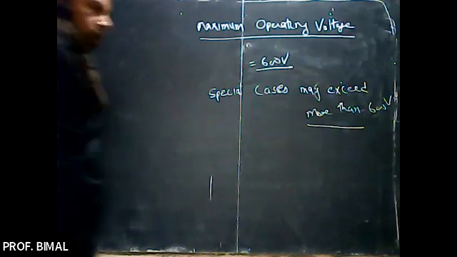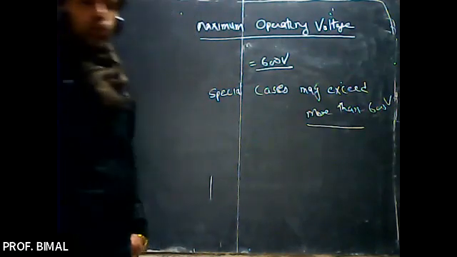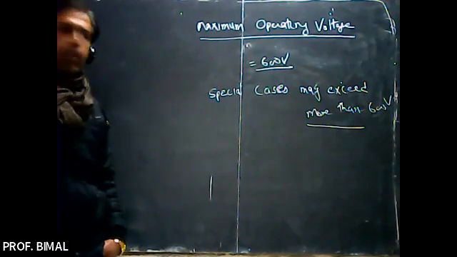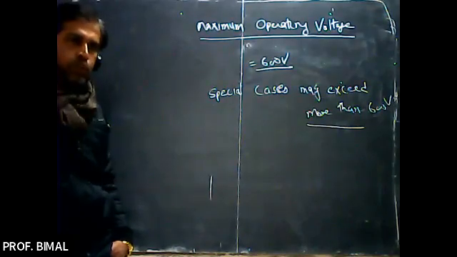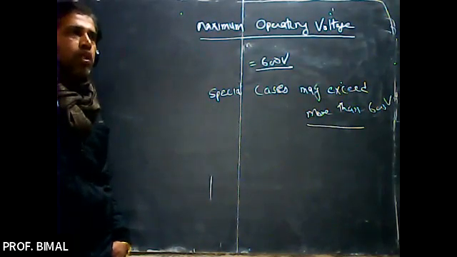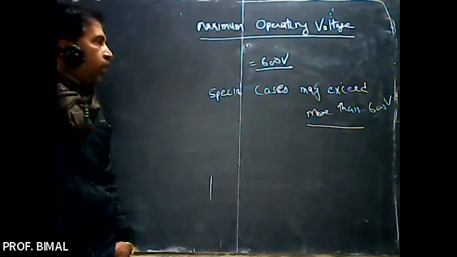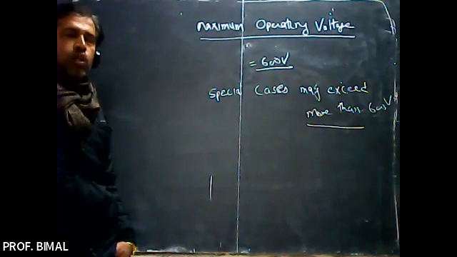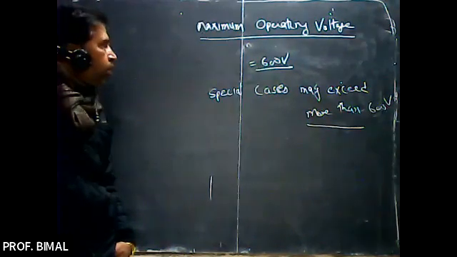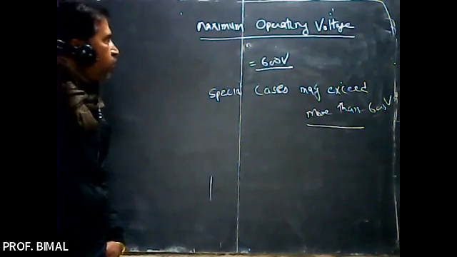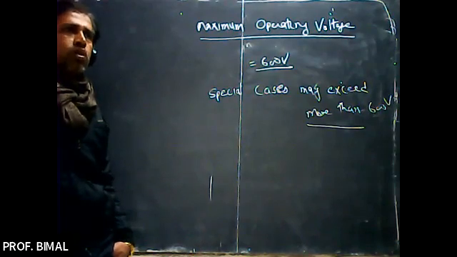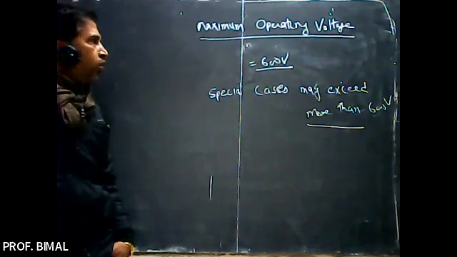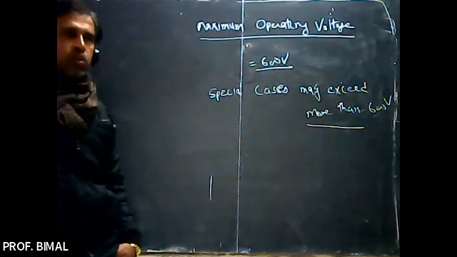Depending upon the voltage, we must provide insulation across the network or across the element. Then we must consider the temperature range, which also depends upon the voltage applied across the circuit. So by considering all these factors, we must maintain the maximum operating voltage in general cases equal to 600 volt, and in special cases this may exceed 600 volt, right?